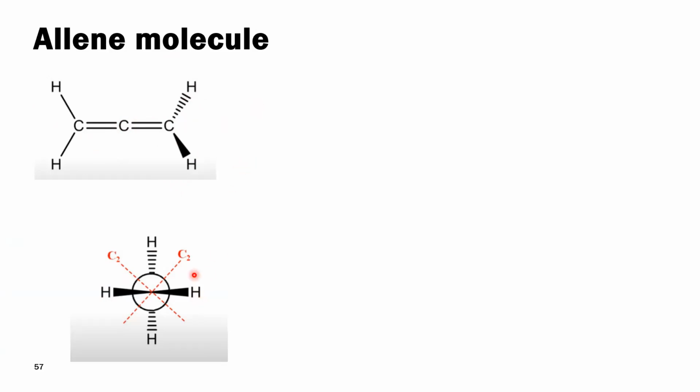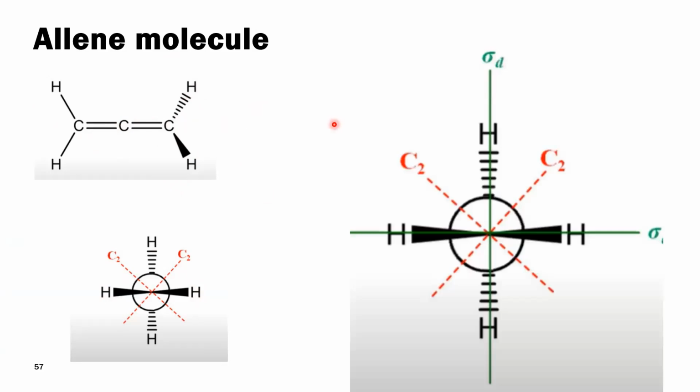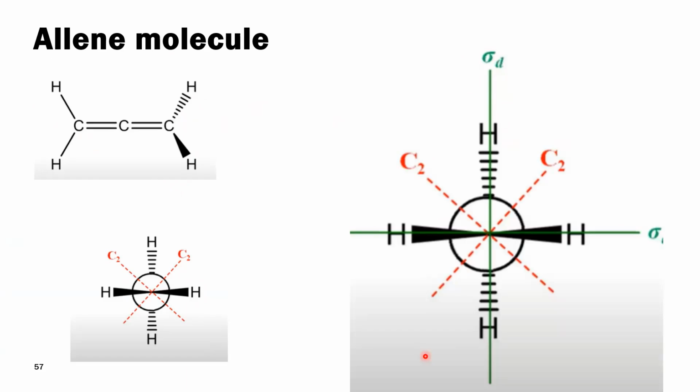Similarly, the other. So here, this is called sigma D because of the two C2 axes. You can keep a mirror plane and then get sigma D. Right? This is also a sigma D. Right. So that is the allene molecule.